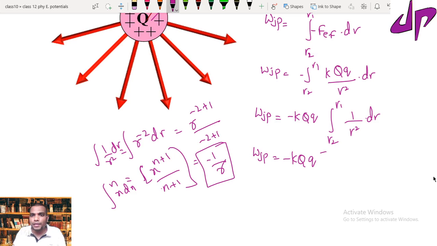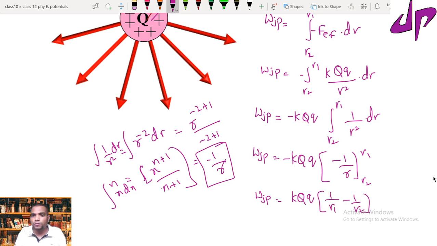So I write minus 1 over r with the limits r2 and r1. Substituting the limits, minus times minus becomes plus, so the work done by me equals KQq times (1 over r1 minus 1 over r2).